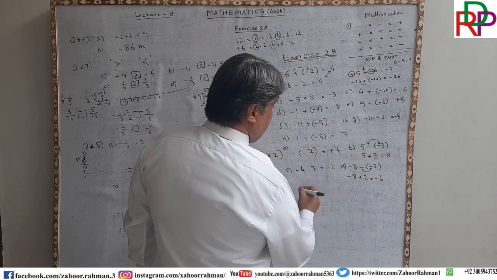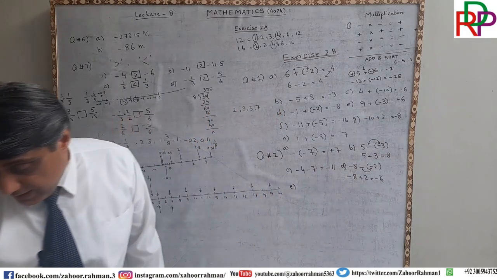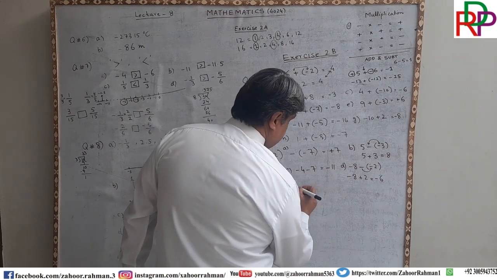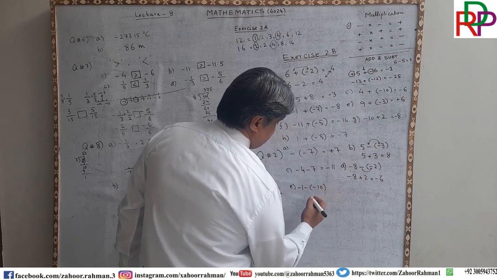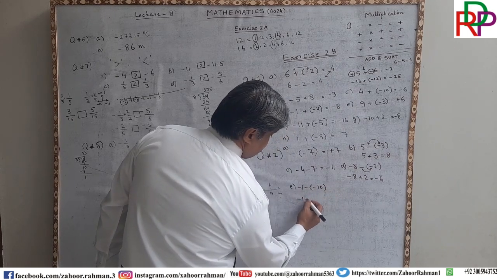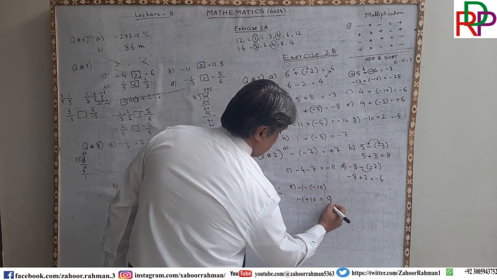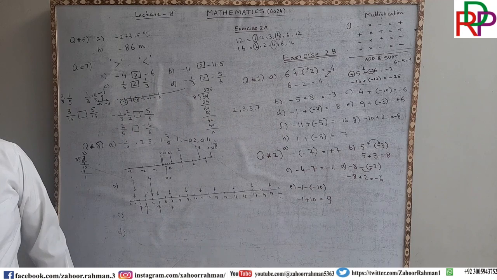Now the E part is saying minus 1 minus 10. So minus 1 plus 10, and that is equal to 9. Apply that rule. I am leaving it for you.